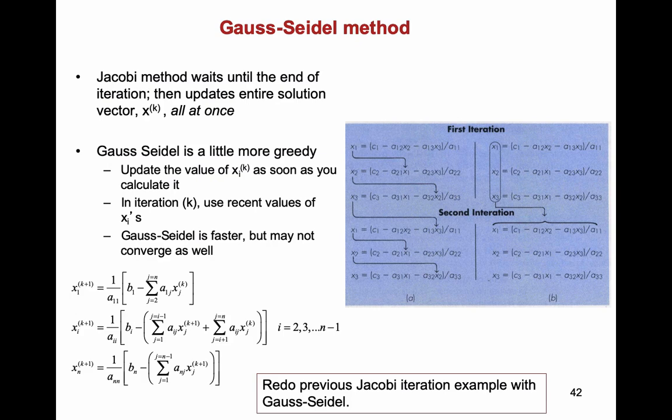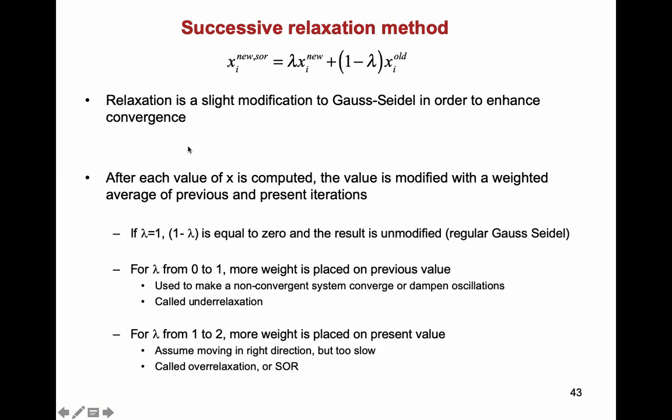And that can actually behave better or converge faster in certain cases. And you're actually going to test that. That's called the successive relaxation method, where you take lambda times the new value plus 1 minus lambda times the old value. So your next homework that is already posted will have a component to modify this code and actually test that.